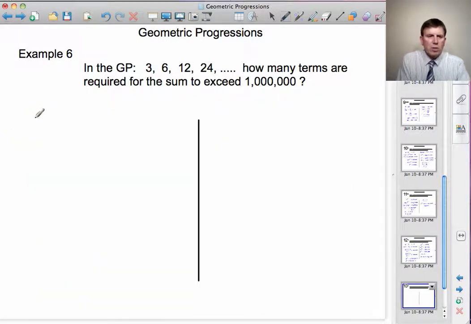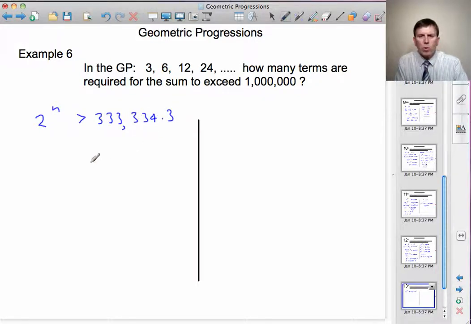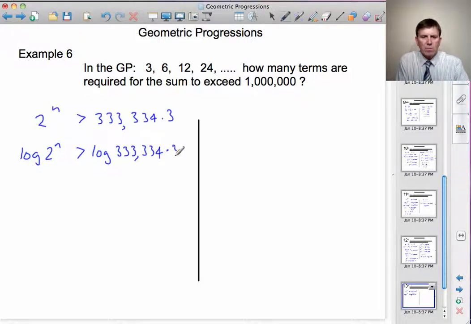So I want 2 to the power n to be greater than 333,334.3. And what we do is we take logs of both sides. So the log of 2 to the power n will be greater than the log of 333,334.3.